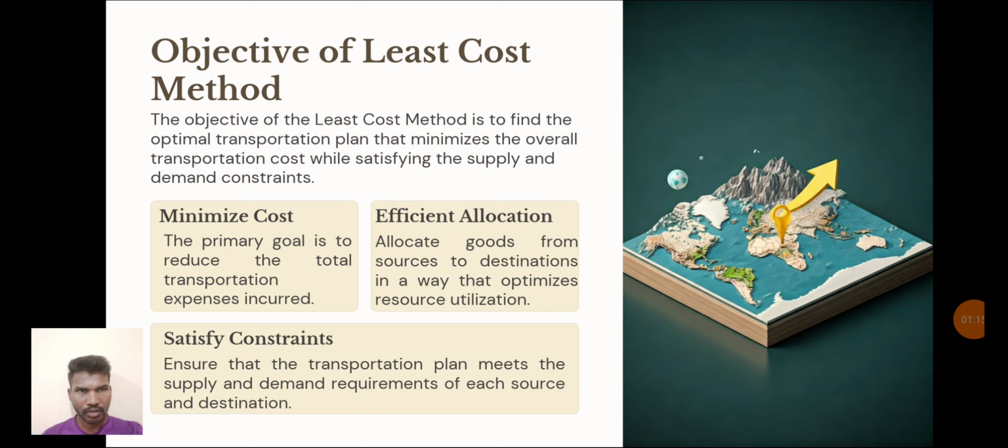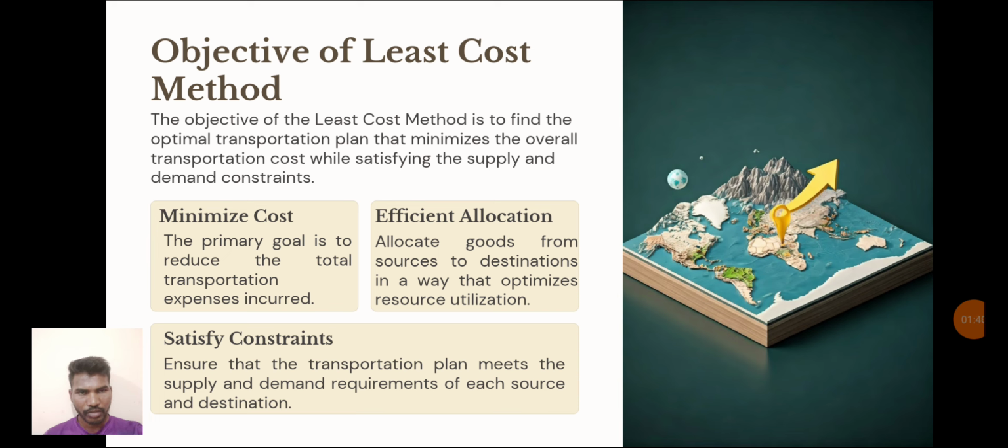Objectives of the least cost method. The objective of the least cost method is to find the optimum transportation plan that minimizes the overall transportation cost and satisfies the supply and demand constraints.